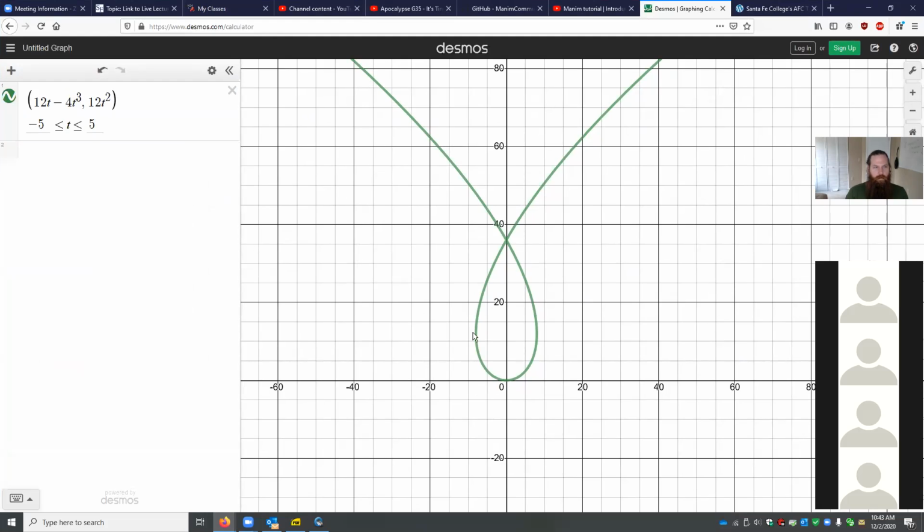So I need to figure out what t values correspond to the start of that loop and the end of that loop. Just for fun here, will it give me the option to add a slider? Yeah, let's do that.